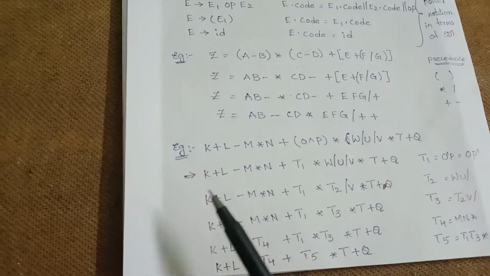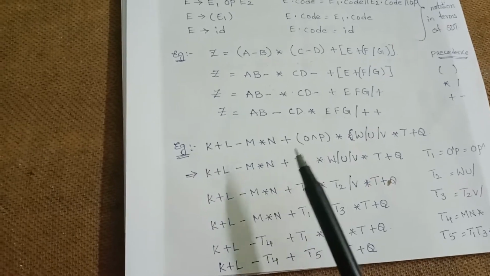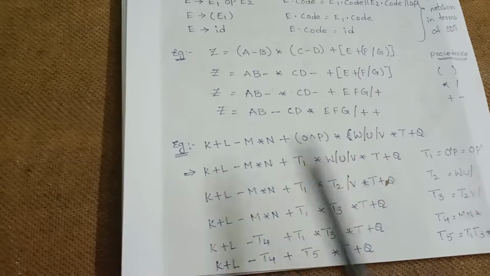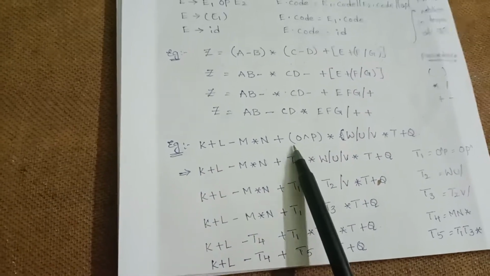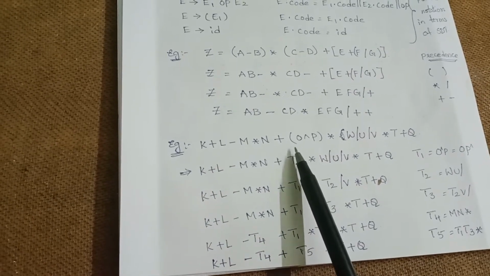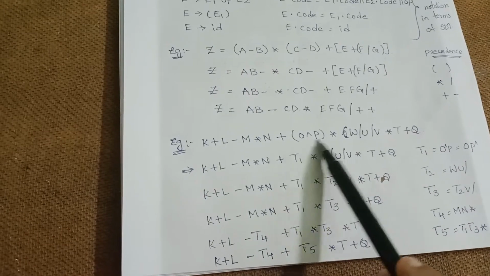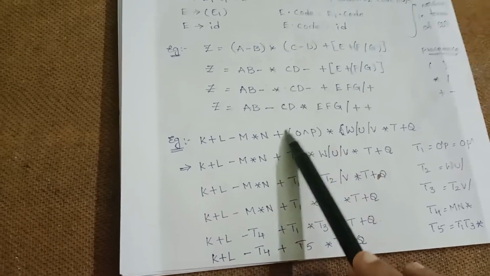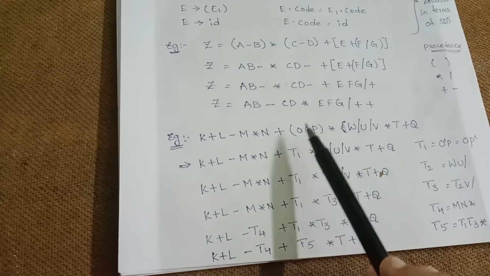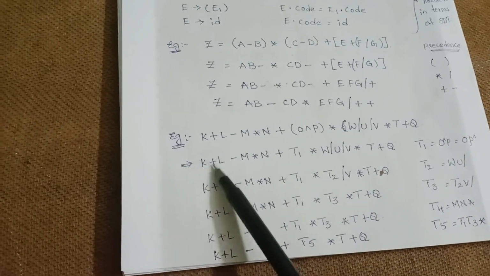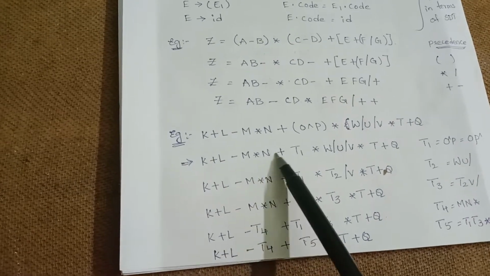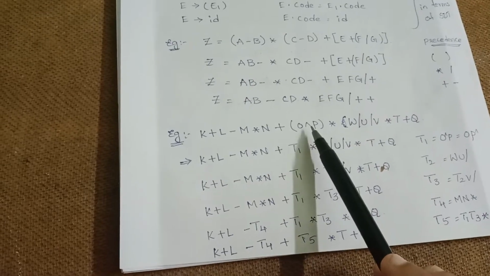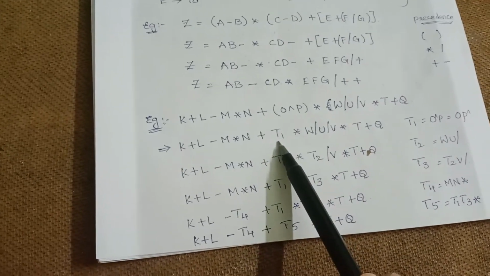Now by using temporary values we will be changing this expression into the postfix notation. Here, according to the operator precedence, the first precedence is given to the braces, so we are going to place this in a temporary value t1. So k plus l minus m star n plus this o cap p is being assigned to a temporary value t1.